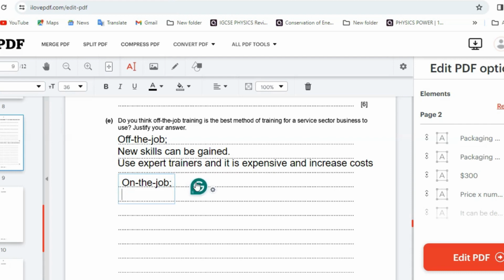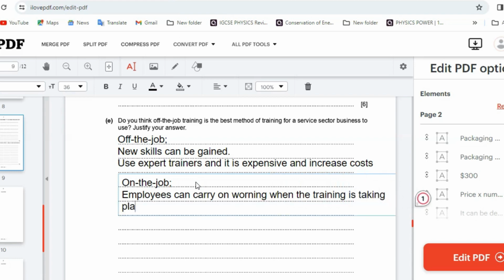The first one is employees can carry on working when the training is taking place.